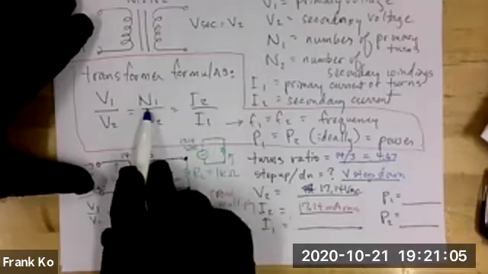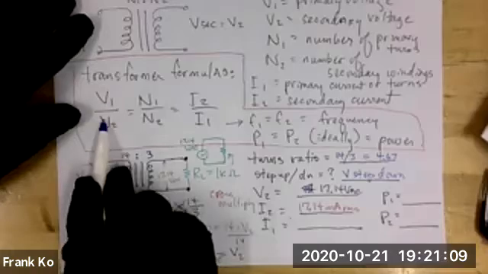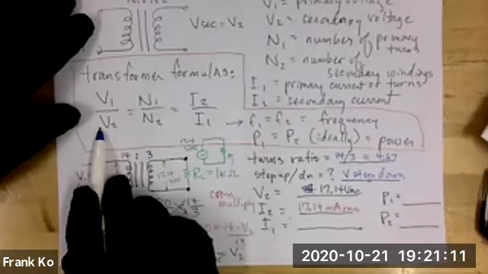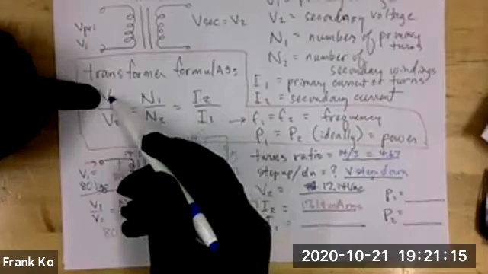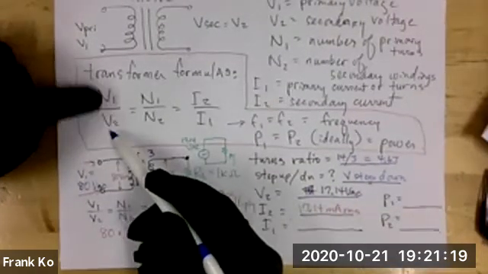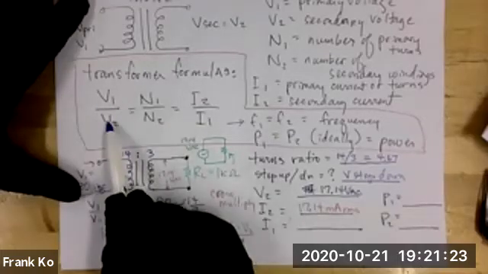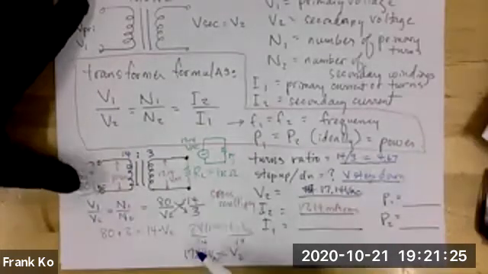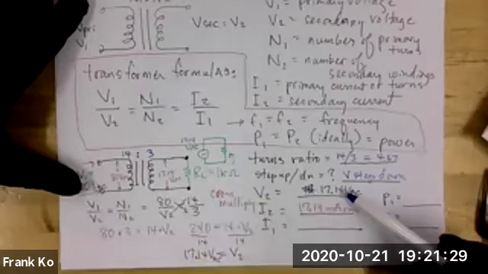Why do I want to use my turns ratios as opposed to my newly calculated voltage ratio? Well, I was given a V1, yes? Didn't I just calculate a V2? So now I have a V1 over V2, yeah? Here's the reason. I don't recommend using the V2 because what happens if this value is a mistake?